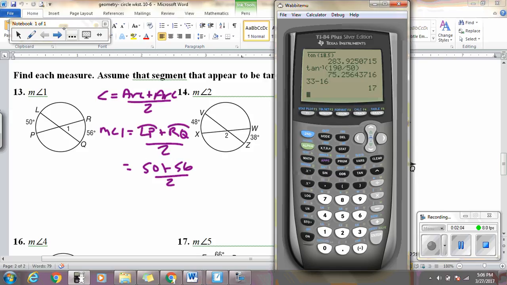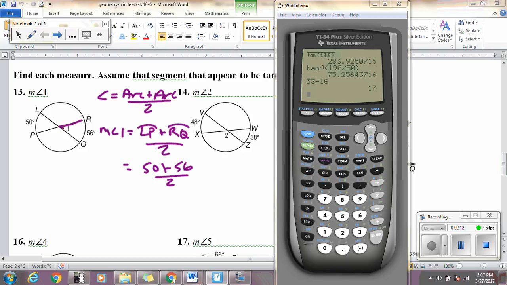So what I'm trying to say is angle 1, this angle here, is touching arc RQ, but its vertical pair is touching LP. So that's why I use those two, and only those two. I cannot use L to R or P to Q. Just keep that in mind.